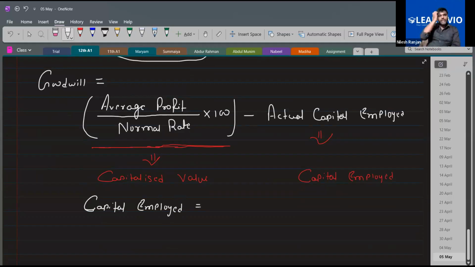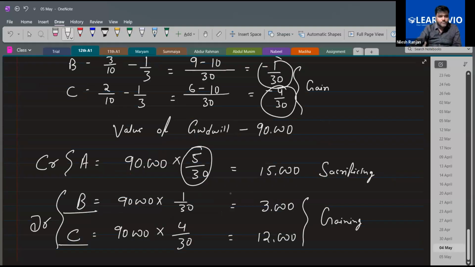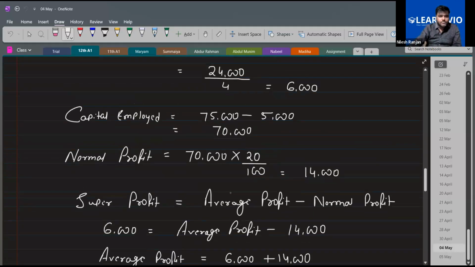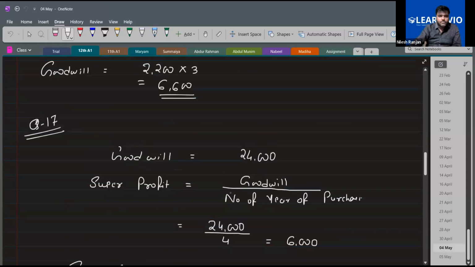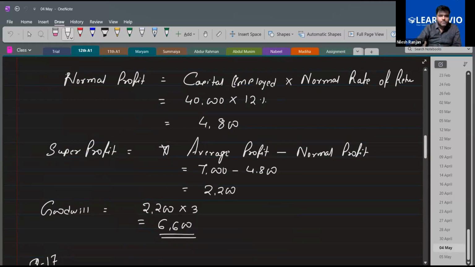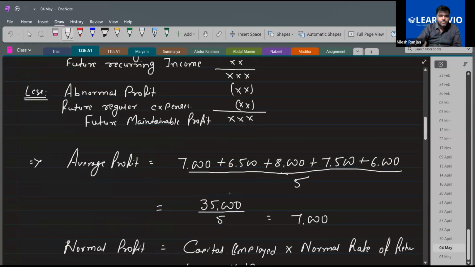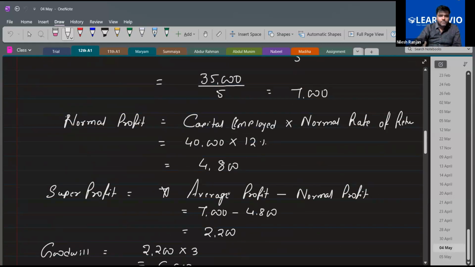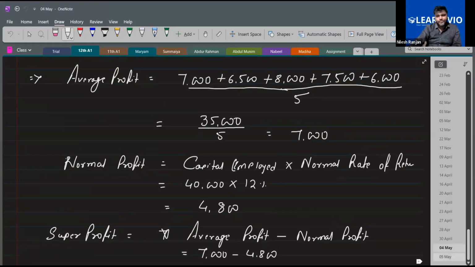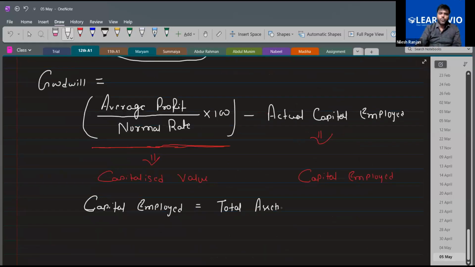Now, capital employed equals total assets. Actually, in the previous class, I have written the capital employed formula. So capital employed is total assets minus current liabilities.